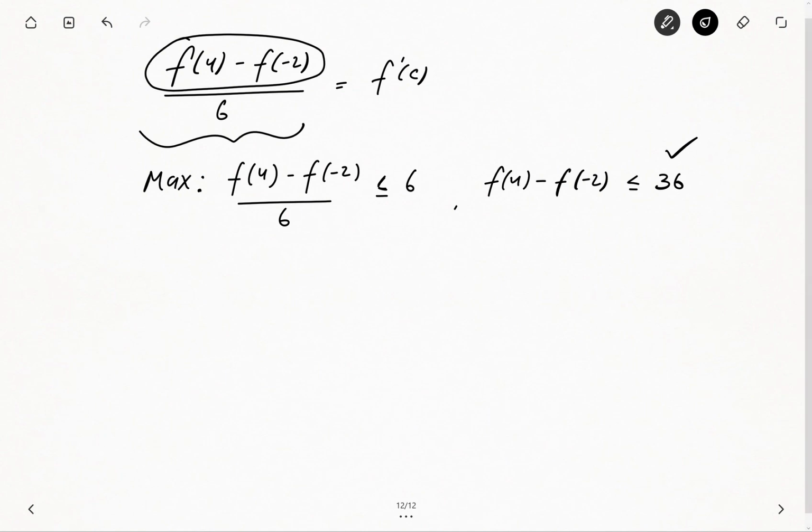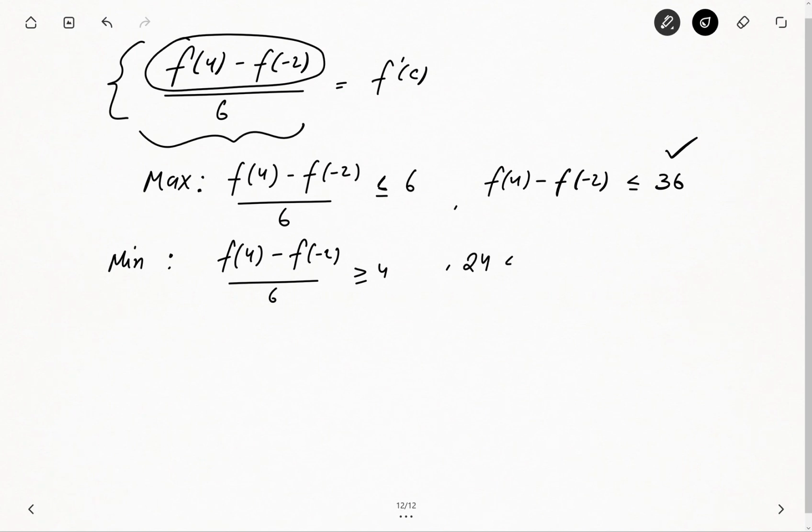Similarly, we can find the lower bound by saying the value of this piece right here cannot go below 4. So the minimum possible value: (f(4) - f(-2)) / 6 will always be greater than or equal to 4. So the lower bound is 6 times 4, that is 24.